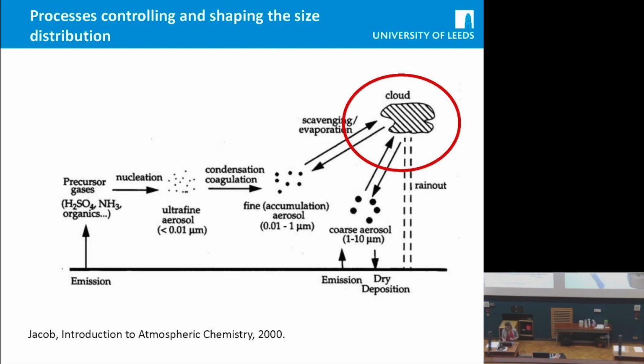So there's a couple of things to say about how aerosol particles are removed from the atmosphere. What we've looked at so far is where they're created, where they're emitted from, how they might be transformed or moved through the size distribution, but they don't all just accumulate there forever. They are removed by various different processes.